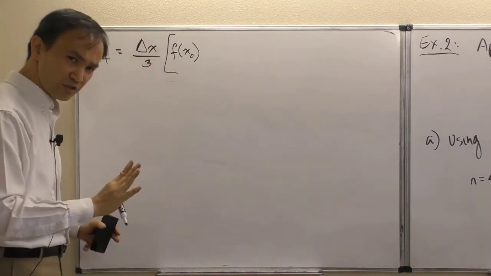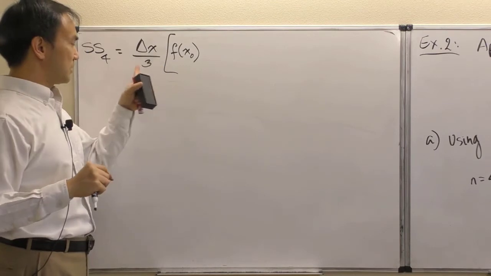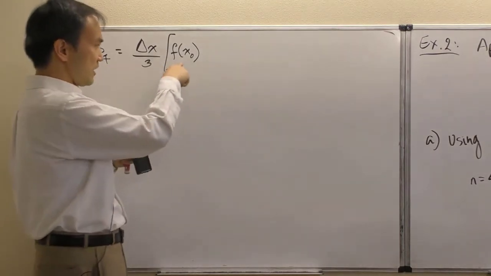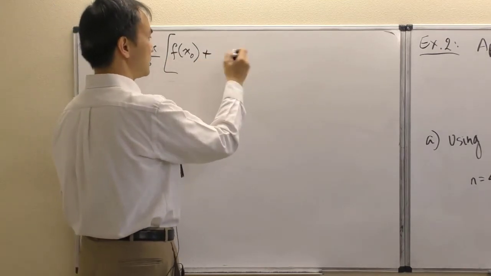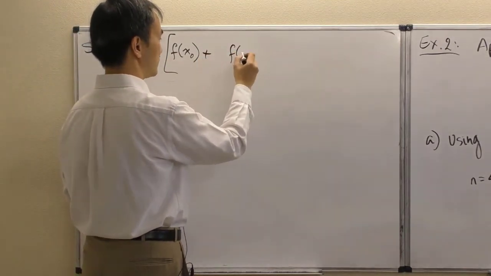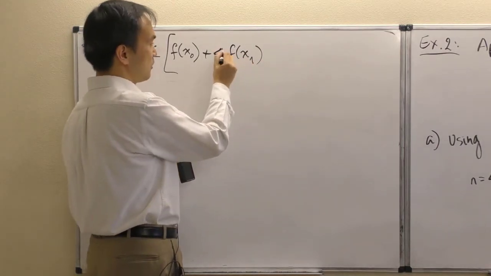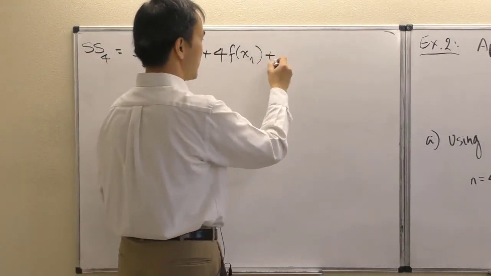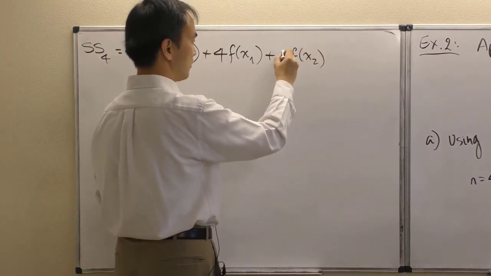Just remind yourself about the formula for Simpson's Rule with 4 subintervals. So f of x0 is the first one, always coefficient 1, and then plus. The next one is f of x1, odd-indexed, so coefficient 4. The next one is f of x2, even-indexed, coefficient 2.